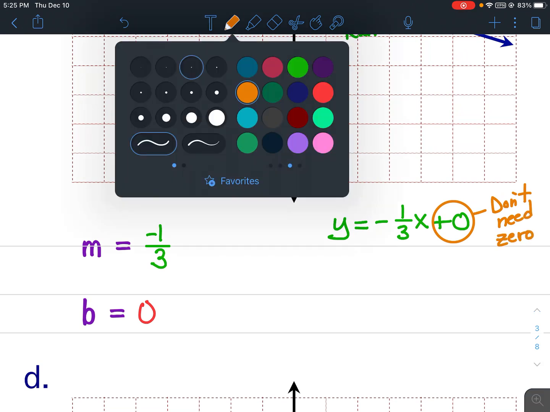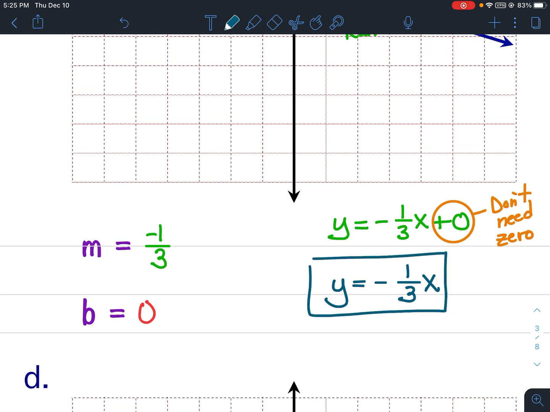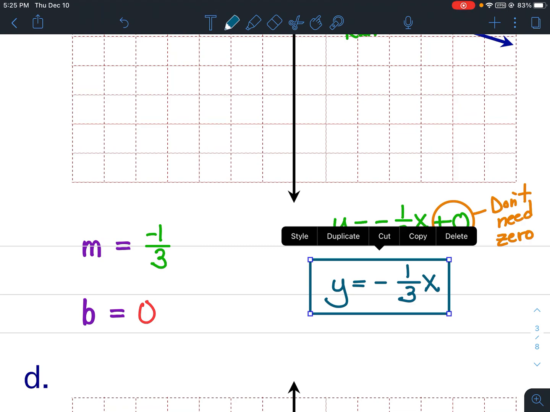So our final answer to this problem would be y equals -1/3 x. Again, y equals -1/3 x.